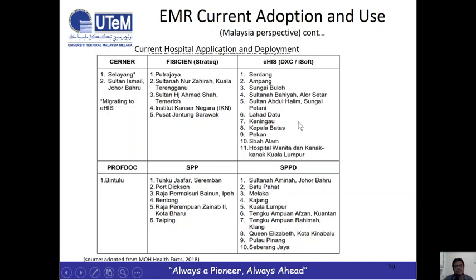So you see that only 20 hospitals implement the EMR system or HIS. The rest are still manual.